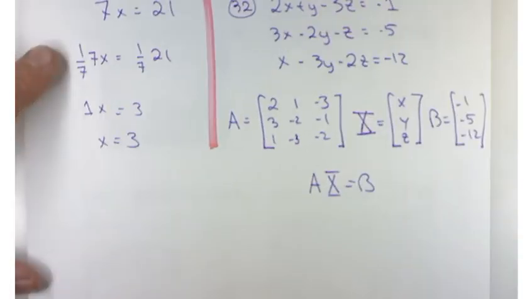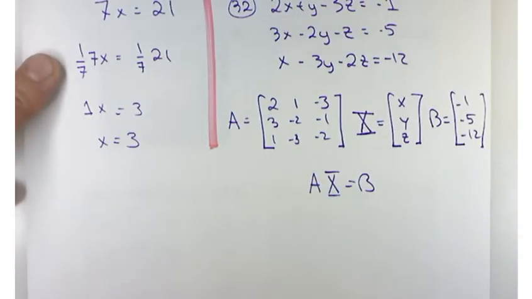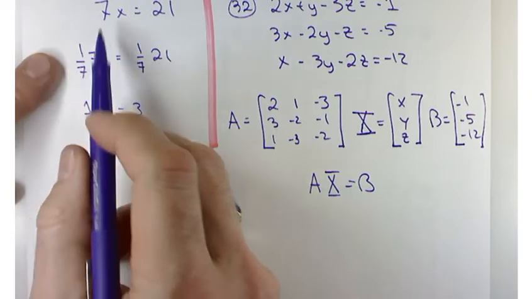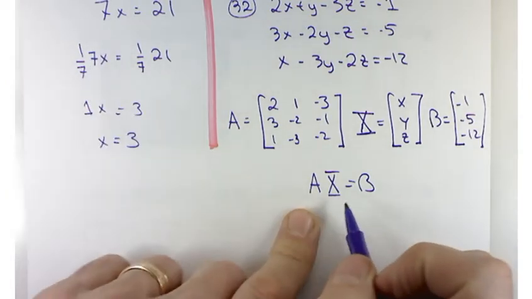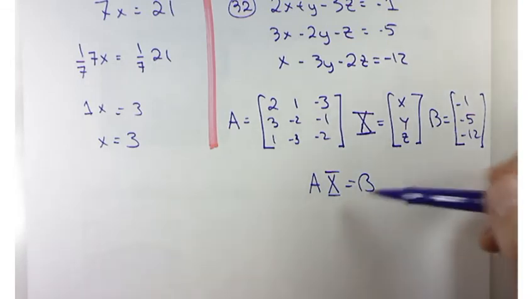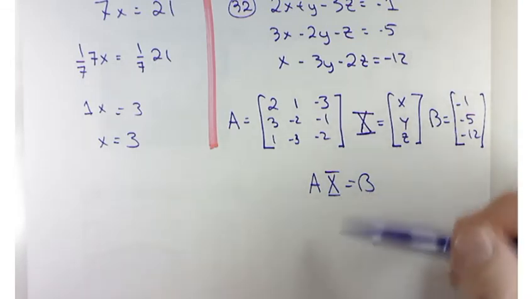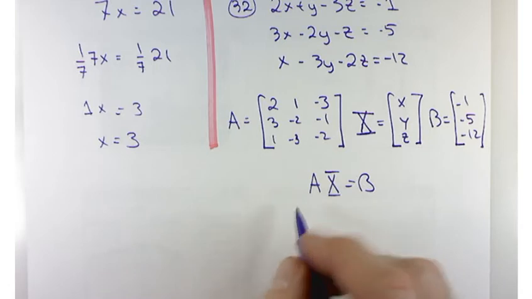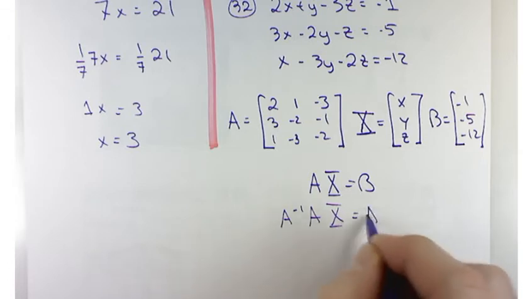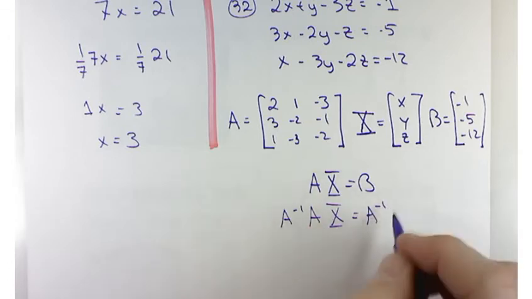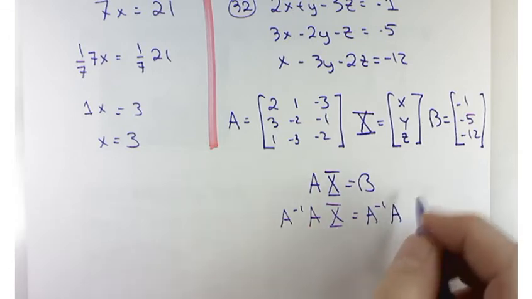Now, how do we solve here? Over here, I multiplied by the inverse of this. I can do the same thing here. It might not even be worth your effort to copy down the next two lines, but this is very technically what's happening. I'm going to multiply both sides on the left by the inverse of A. Now that's something that our calculator is going to give us.